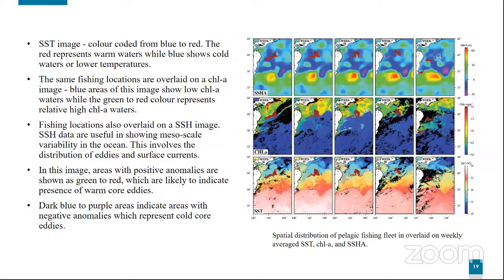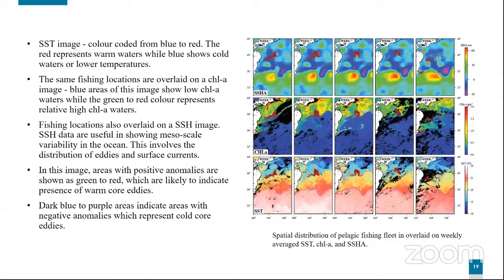So okay, fishing locations also overlaid on SSH image. Okay, data SSH ni useful in showing mesoscale variability in the oceans. So these involve the distributions of eddies and surface currents. So in this image, areas with positive anomalies are shown as green to red, which are likely to indicate presence of warm core eddy.